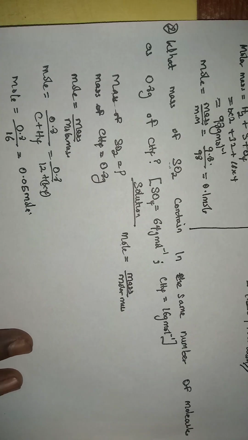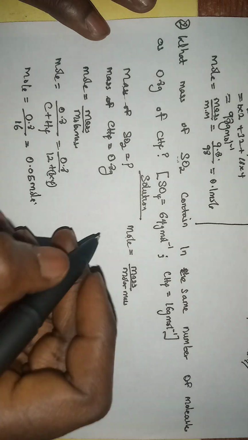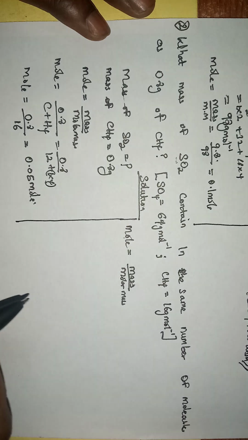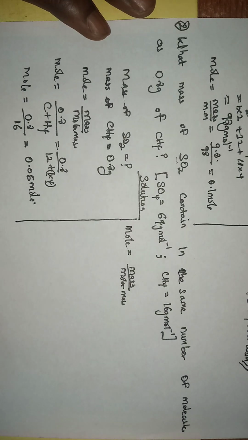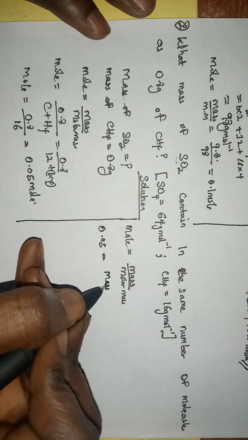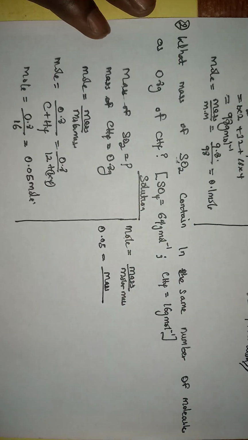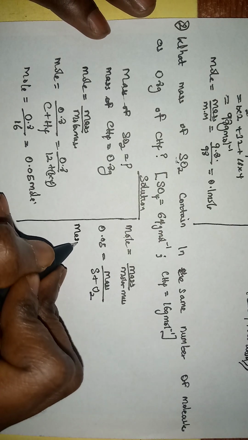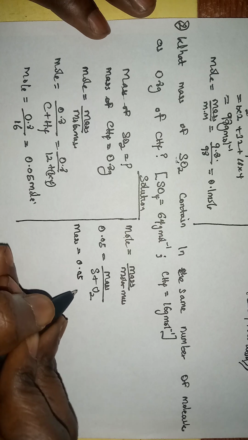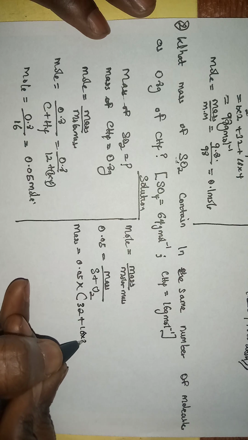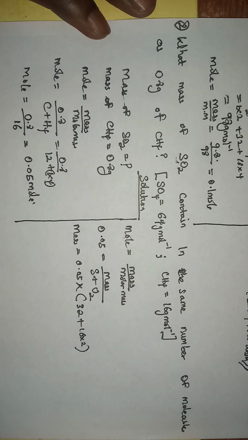After we have gotten that, we now come back to this formula. We have gotten the mole, which is 0.05 mole. We now put the 0.05 mole here, our mass, which is the unknown, and the molar mass of SO2, that is S plus O2. Making the mass the subject of the formula, you're going to have 0.05 multiplied by, in the bracket, sulfur is 32 plus 16 multiplied by 2. The molar mass of sulfur is 32.